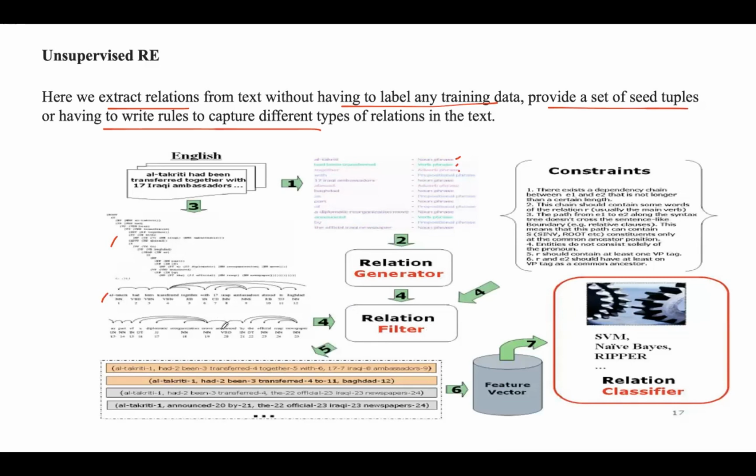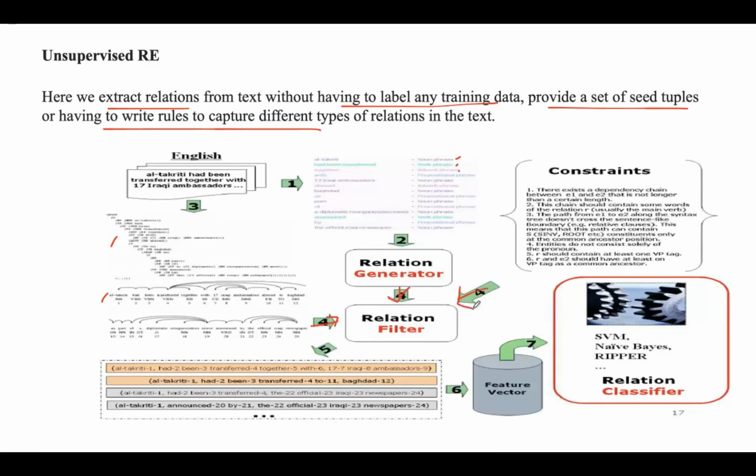We provide the dependency parse trees generated from this unlabeled text to the relation filter, as well as the relations generated from the phrases. And these are the constraints. For example, there exists a dependency chain between E1 and E2 that is no longer than a certain length. So we need to provide some conditions. All these three things are provided as input to the relation filter.